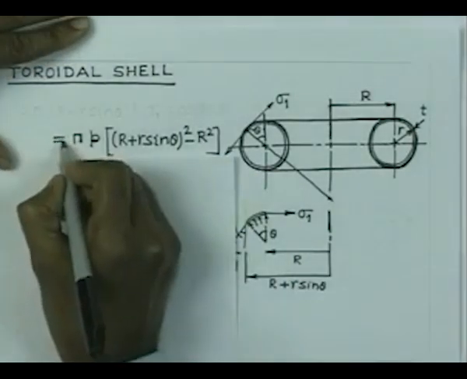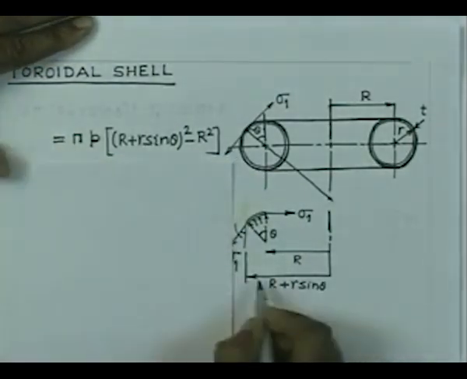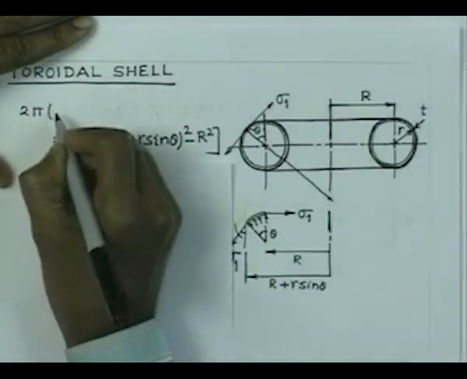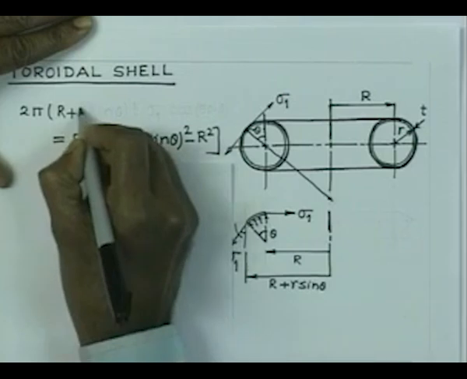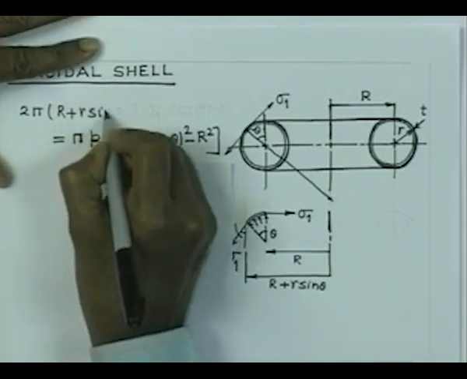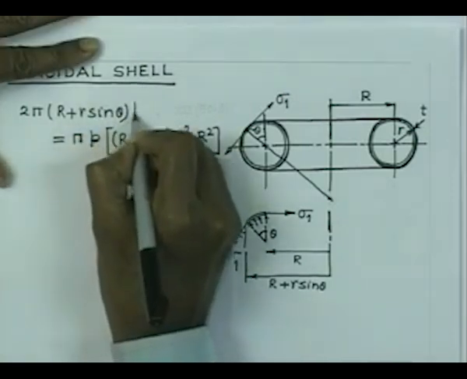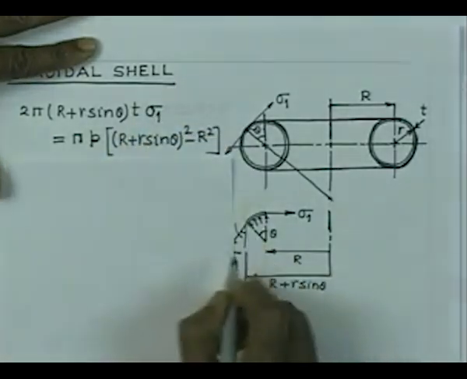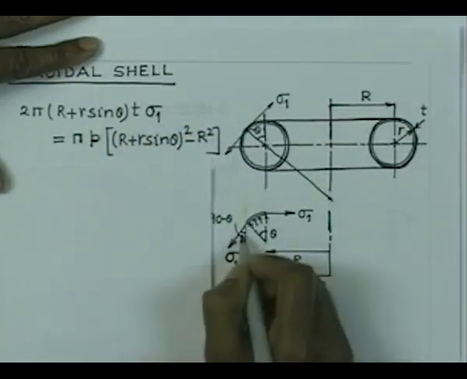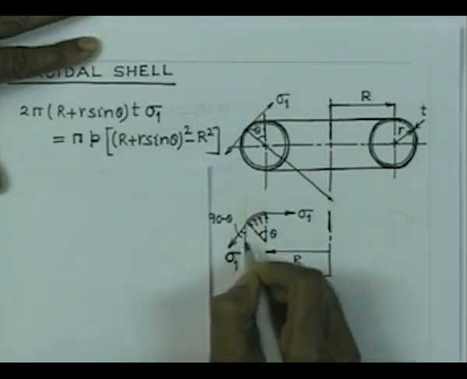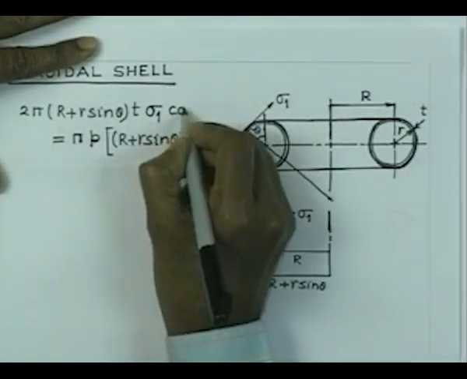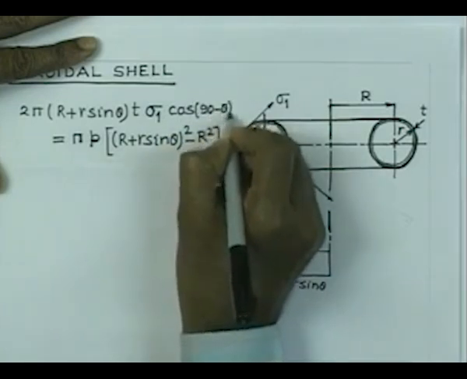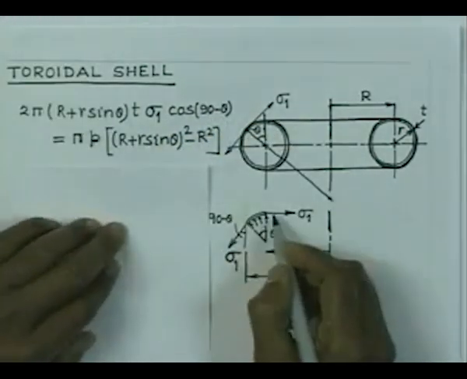That is now counterbalanced by 2 pi (R plus R sin theta) into T, that is the metallic area, and sigma 1 is the intensity of the stress. That is this stress, and its component is cosine of 90 minus theta, which gives you the stress at this point.